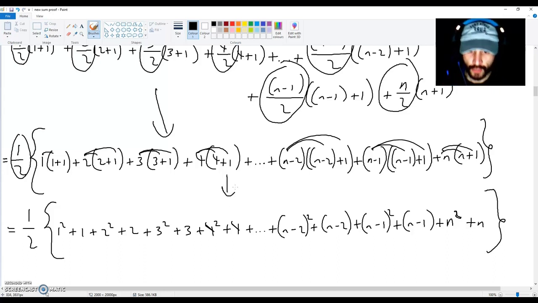From this point we are going to simplify even further and get even closer to that formula that we are looking for. Okay, let's move on now.